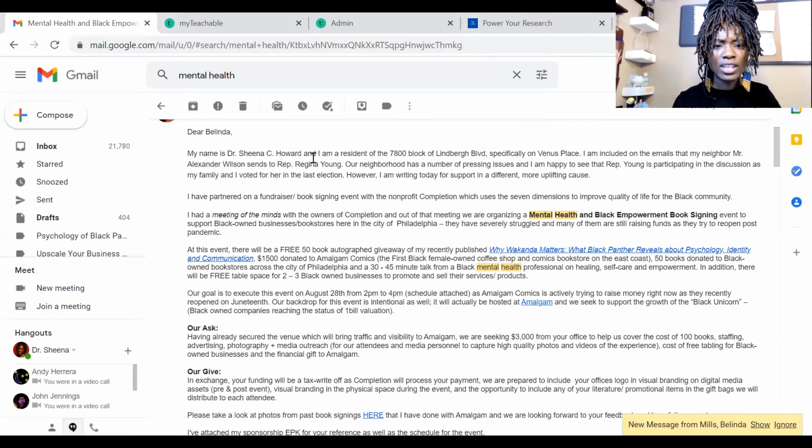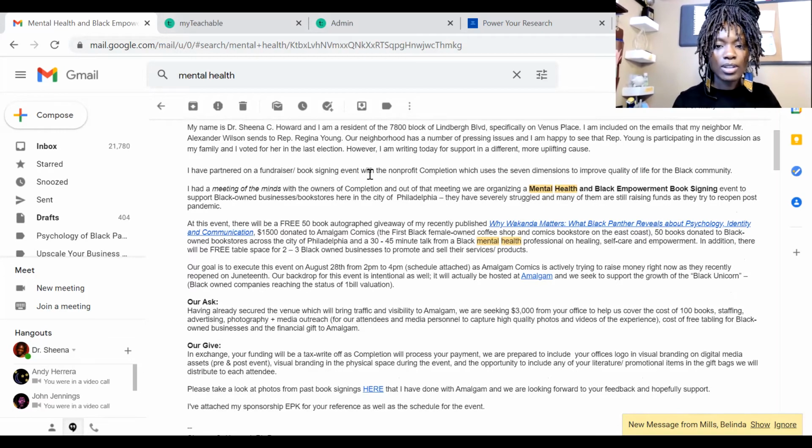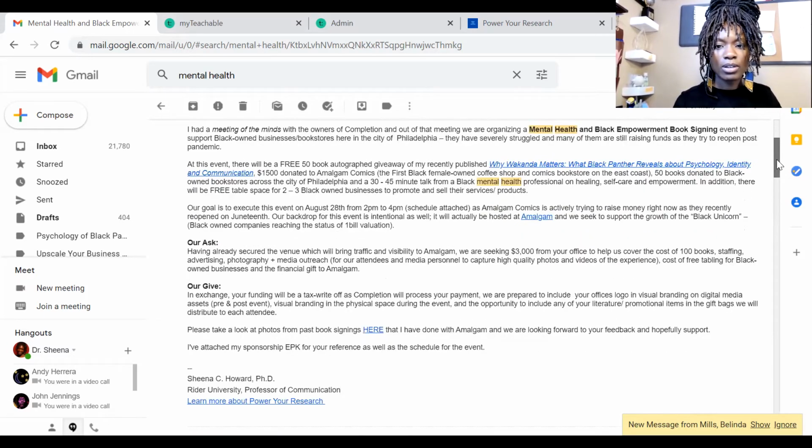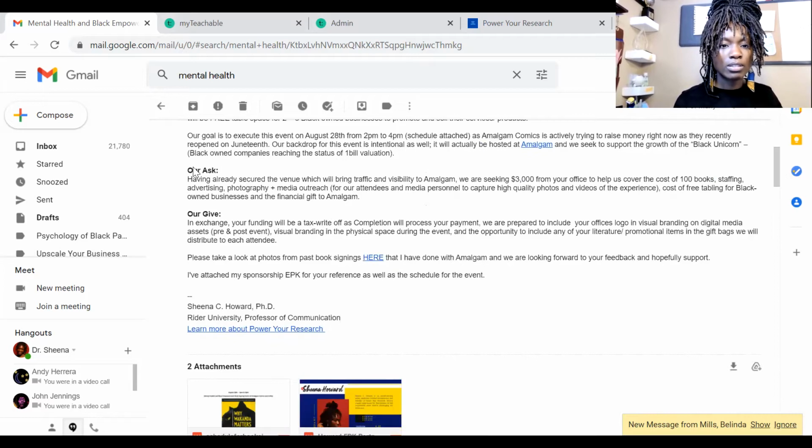I started the email out by telling her who I am and why I'm contacting her, and letting her know that I've partnered with a nonprofit and what the nonprofit is about. Then you're going to describe your event, and the entire email is important, but you want to have a little section that talks about what you're asking.